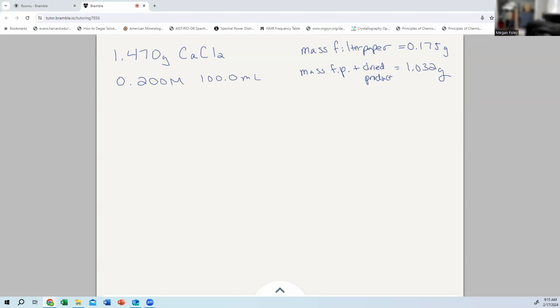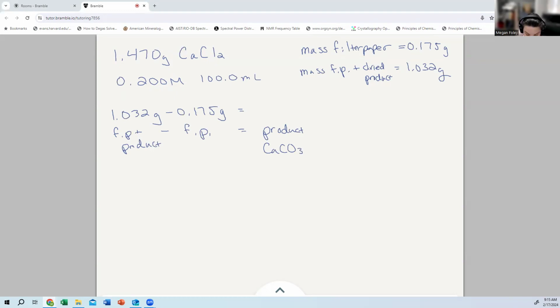So let's start out with our actual yield. We have 1.032 grams as the mass of our filter paper and our dried product. We subtract out the mass of our filter paper, and what we're left with is just product, which we should know is our CaCO3.